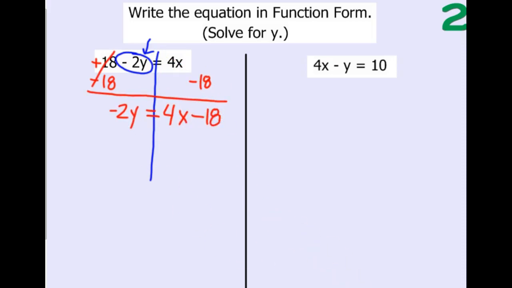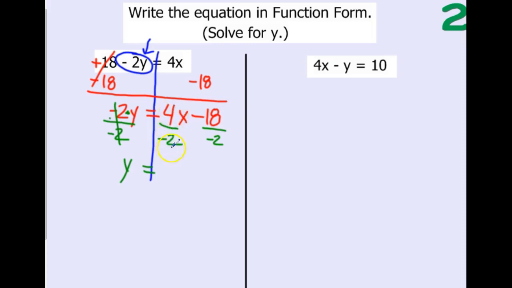Now this is where it gets a little tricky. We want y all by itself, and I can see that this is multiplied. So I know I need to divide by negative 2. But if I'm dividing by a negative here, on this side, let me just write this a little bit nicer. If I'm going to divide by negative 2 here, I also have to divide every single number by negative 2. So those eliminate. We have y.